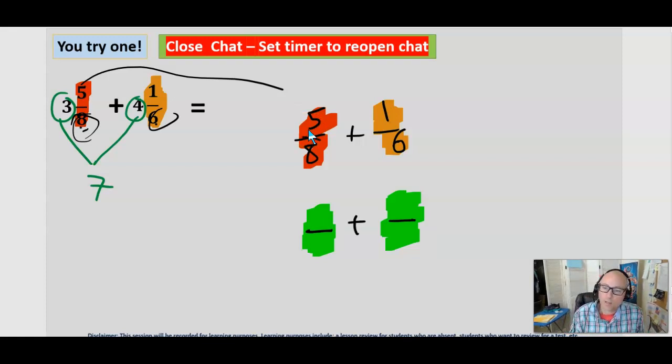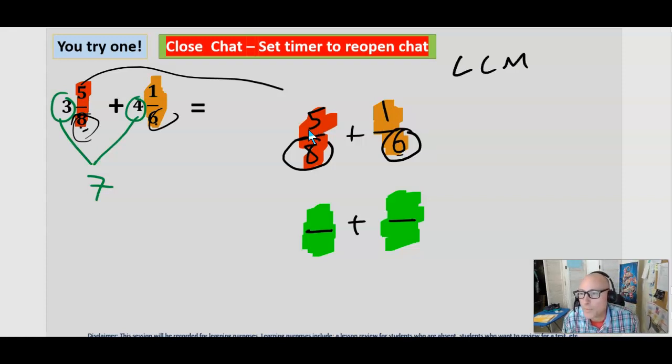I think we're looking for the greatest common factor or least common multiple. I think it's going to be the least common multiple this time. Least common multiple, 8 and 6. Multiples of 8: 8, 16, 24, 32, 40.